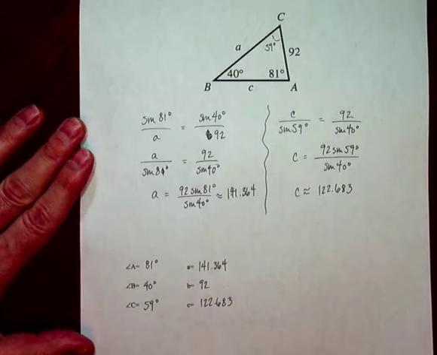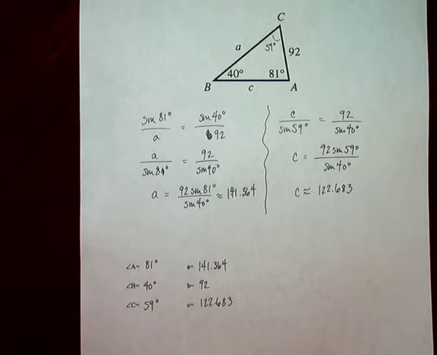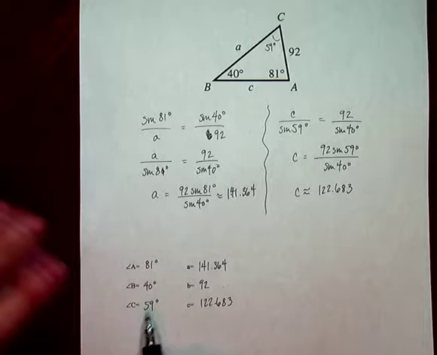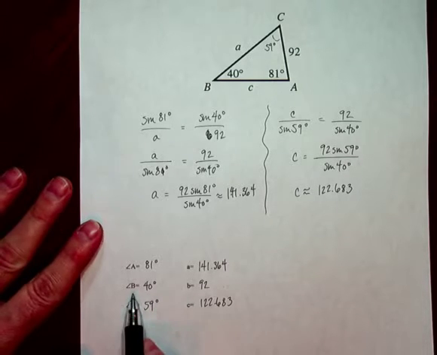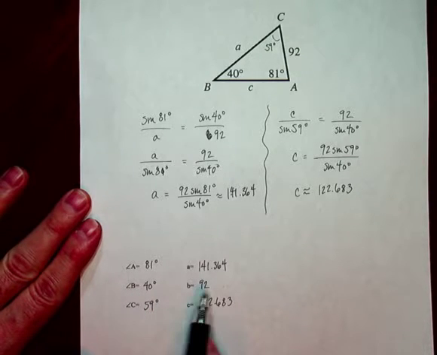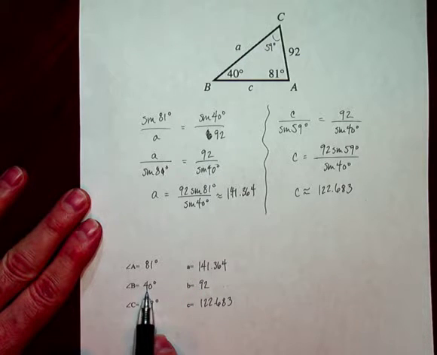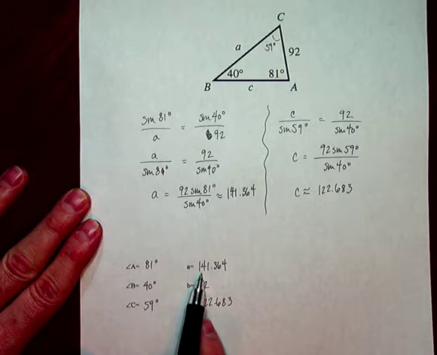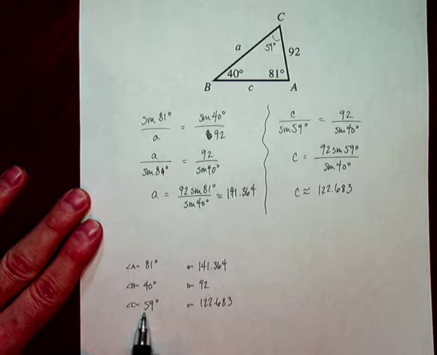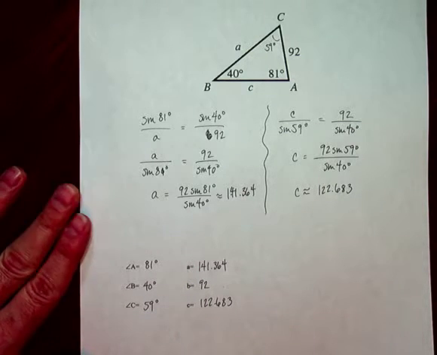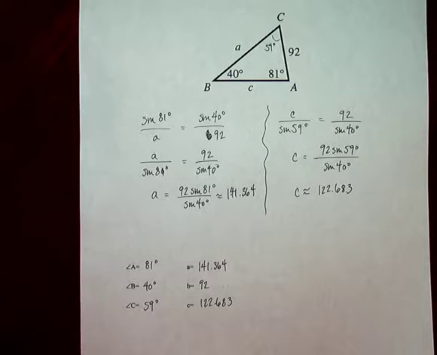Now, just take a moment and make sure that these make sense, okay? You know from geometry that the smallest angle is opposite the smallest side. 92 is the smallest side, smallest angle. Largest angle, largest side. Middle angle, middle side. That's probably good stuff right there.